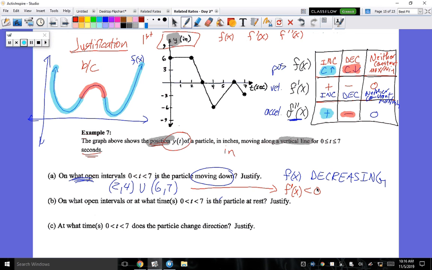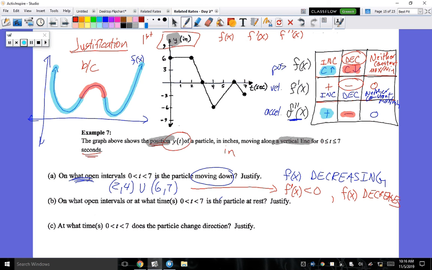You with me? And if f prime is negative, that is synonymous with f of x decreasing. Because of what we said right here, f prime is negative, so f of x is decreasing. Otherwise, moving down.